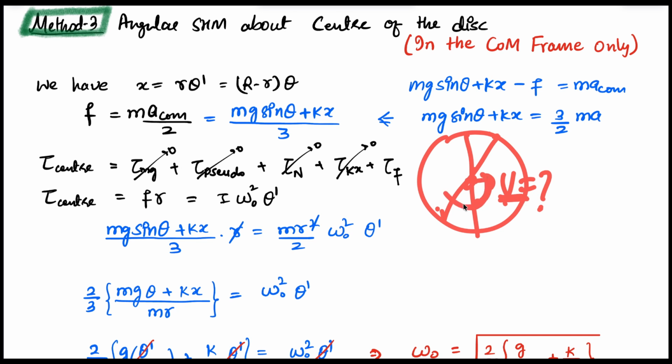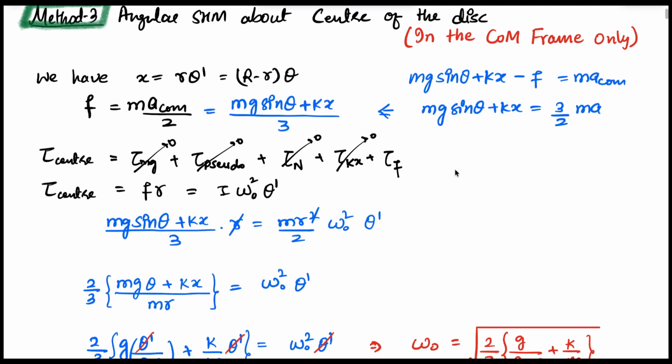So it can only perform omega. If it is not performing proper rotation, then it is performing to and fro rotation about the center of mass. It means angular SHM. So now we'll be writing the torque about the center of mass and then solving it.